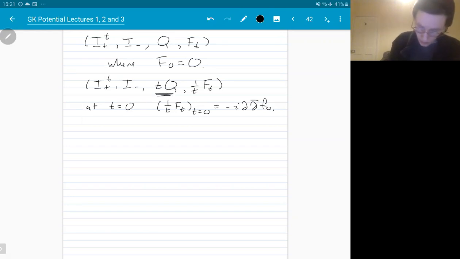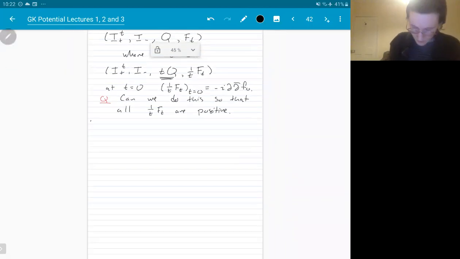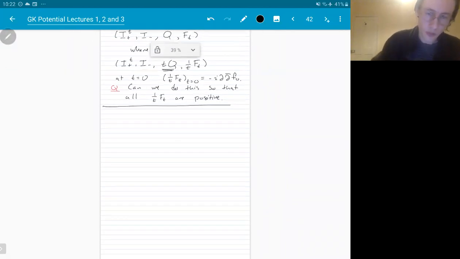So my question here is, can we do this so that all the 1 over t f_t are positive? So that we actually get a deformation of generalized Kähler structures that ends up at a Kähler structure. I don't know if that's true.